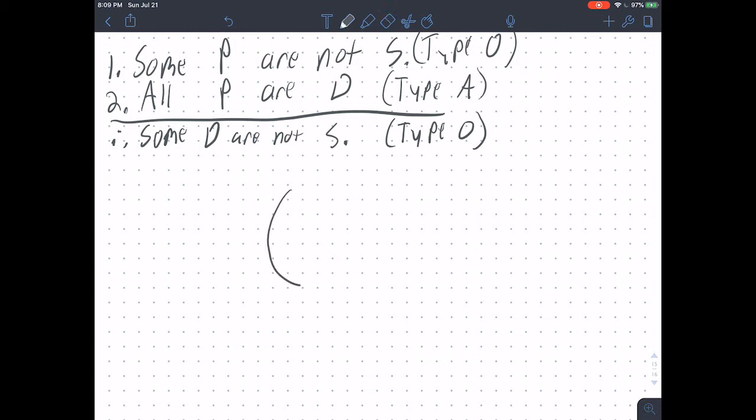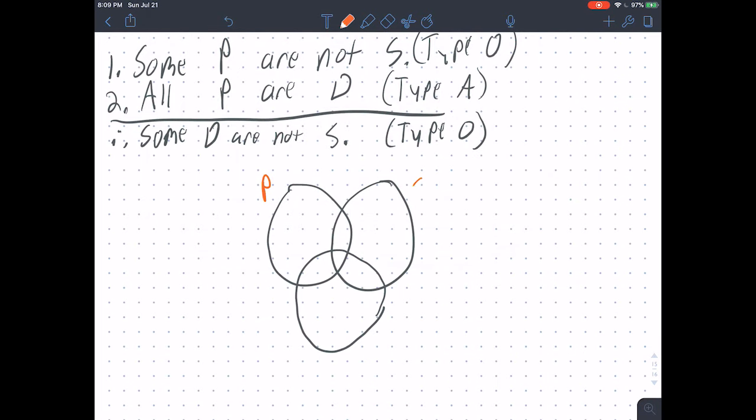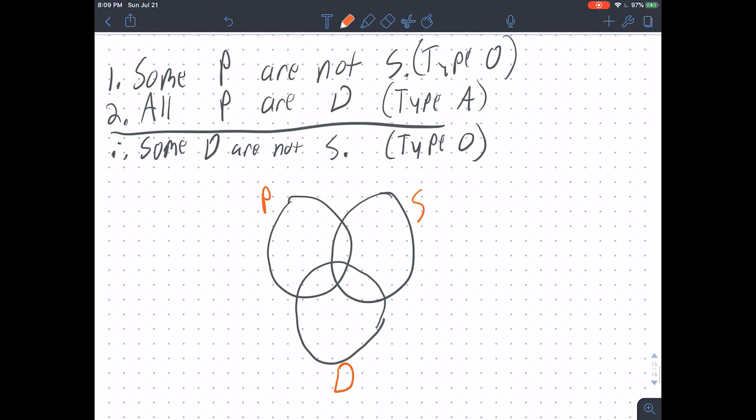So 1, 2, and then 3. Okay, there. Then I'm going to label these P, S, and D. So remember, we shade or mark the premises, and we shade before we mark.